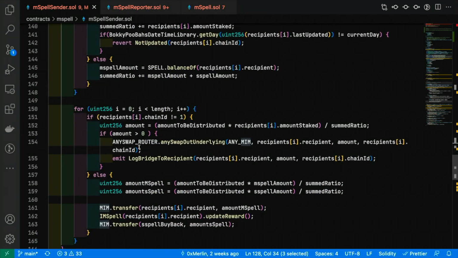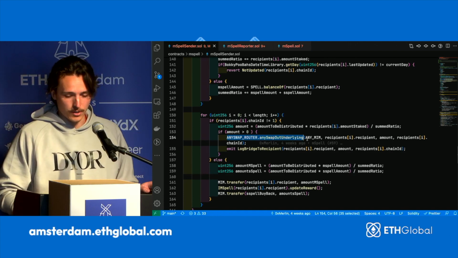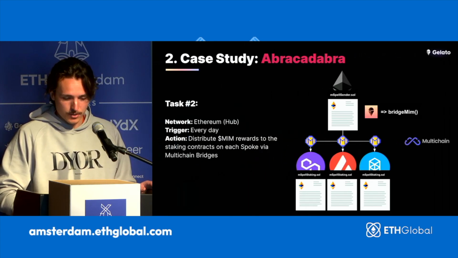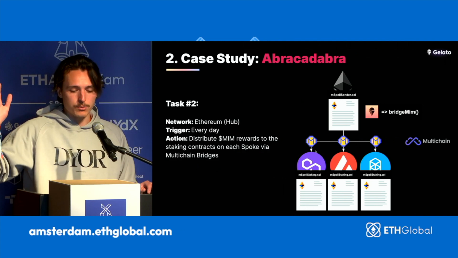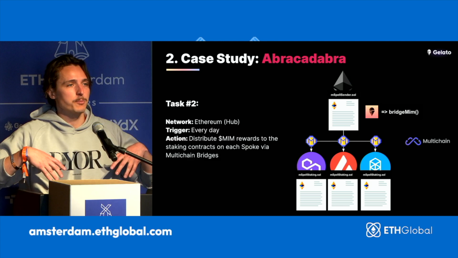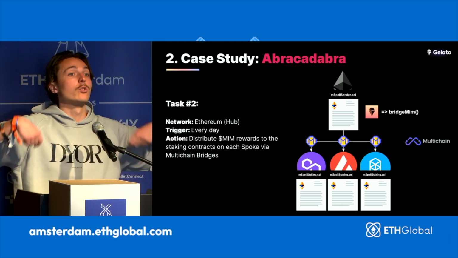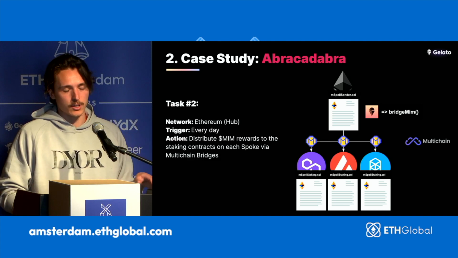In a for loop, it actually calls the router and just sends MIM to all the different chains that have some state stored within it. And so what happens now is you distribute all these rewards over to the network, and now this process has been completed. And now Gelato will just wait for 24 hours again, and then this whole process gets initiated again.